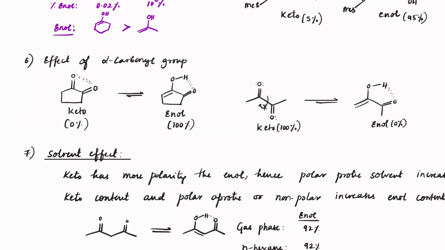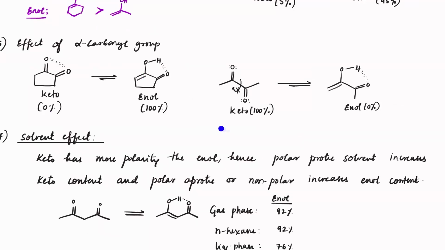What kind of strain here? This lone pair present here and the lone pair present here will have strong repulsion due to the eclipsed form. They exist in an eclipsed form. Now, suddenly, that eclipsed repulsion is gone as well as hydrogen bonding is developed. That's the reason why this enol will be almost 100%.